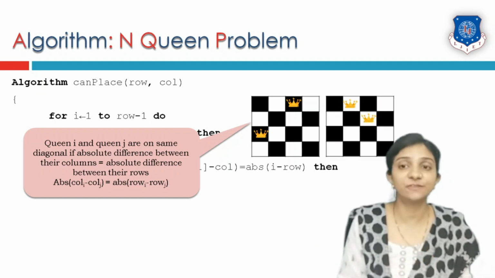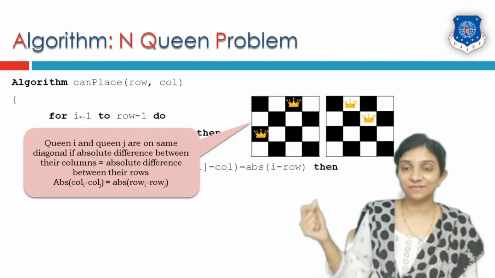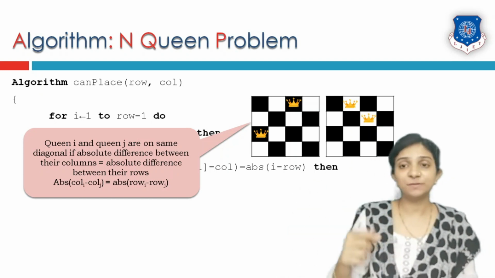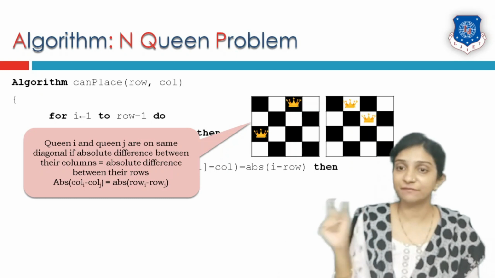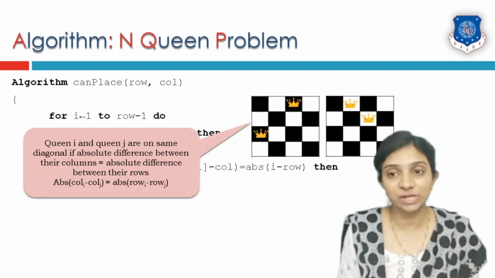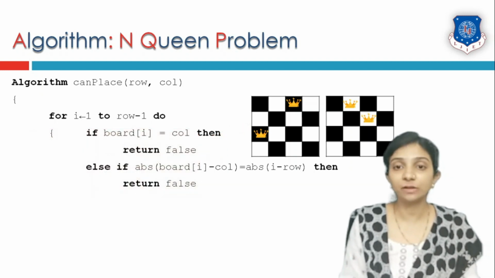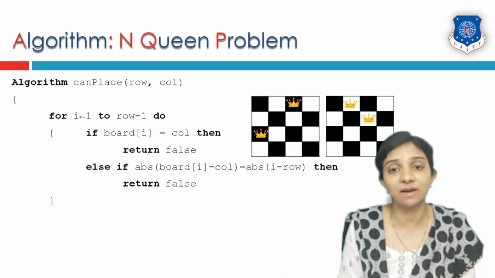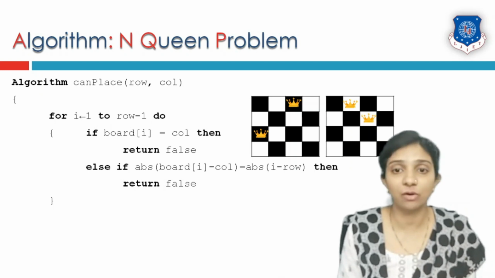Or consider this example also. Cells are 1, 2 and 2, 3. The difference between rows is 1 and the difference between columns is also 1. So they are falling on the same diagonal. The same formula is used here to check whether two queens are falling on the same diagonal or not.